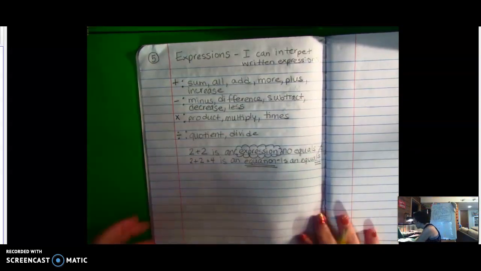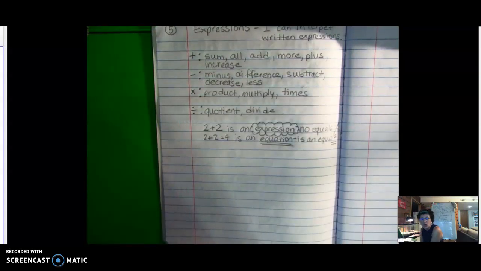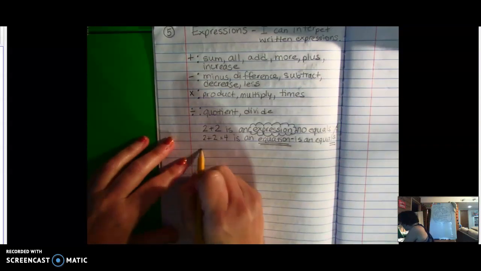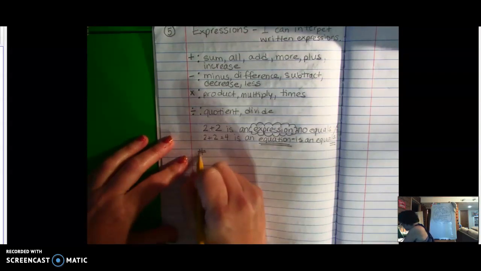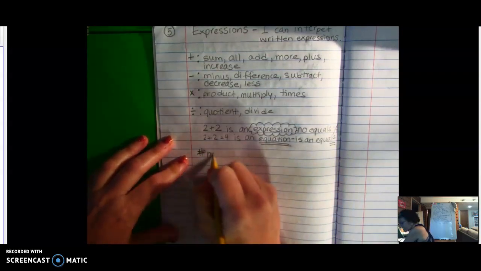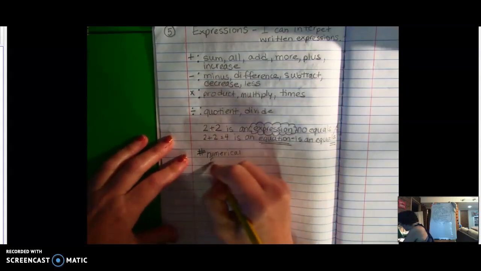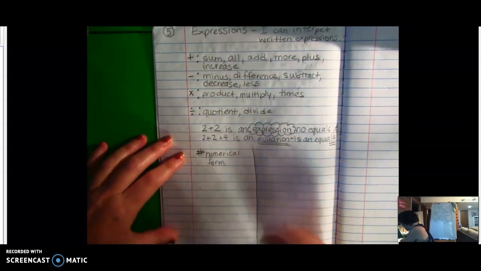So what we're going to talk about first are the numerical forms of an expression. So the number, that's not a hashtag, that's a number sign. This is the numerical form we're going to put on this side of our paper. Make a little T-chart here.